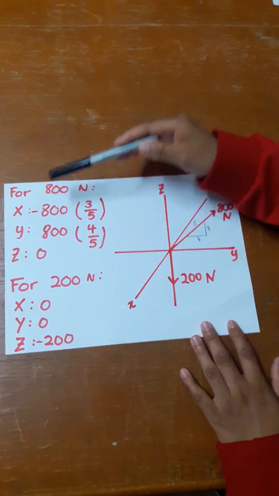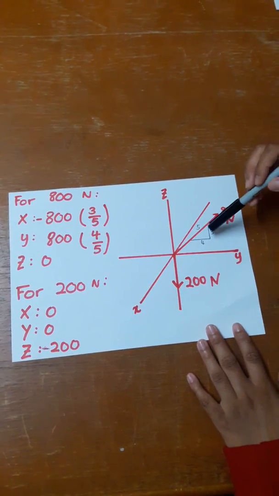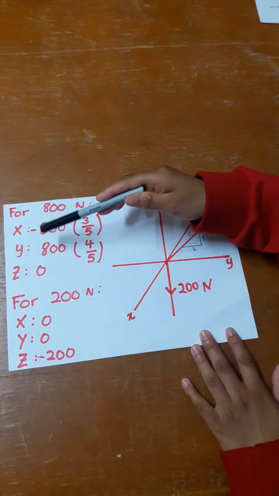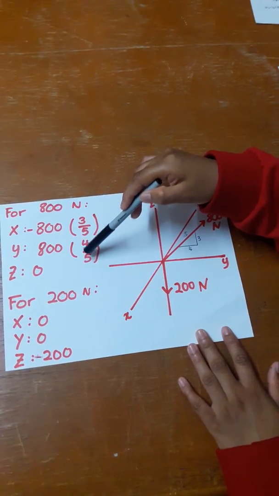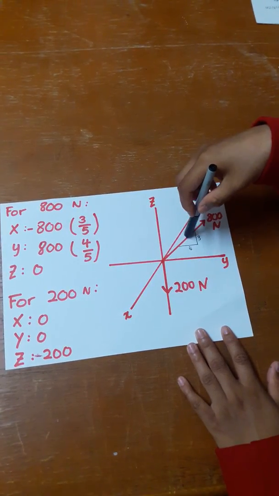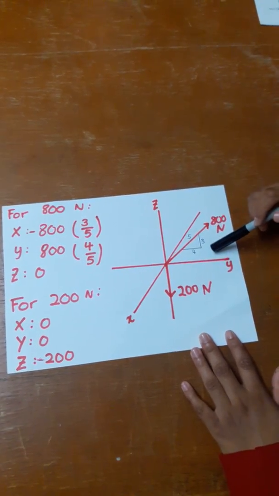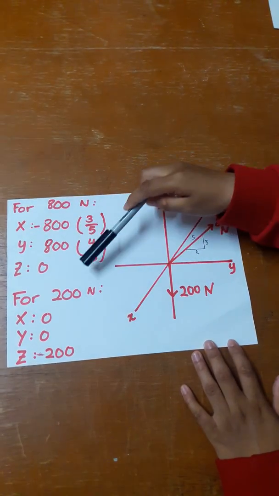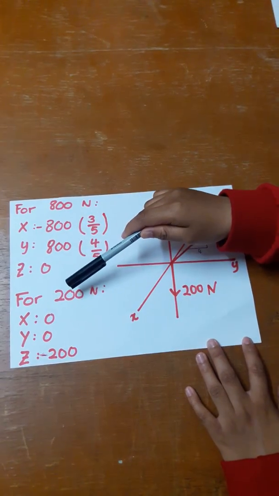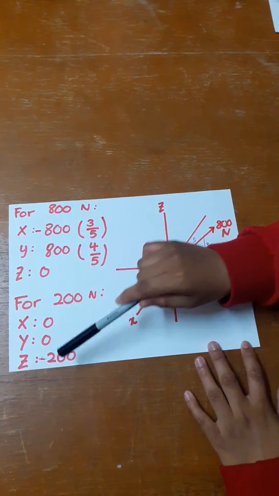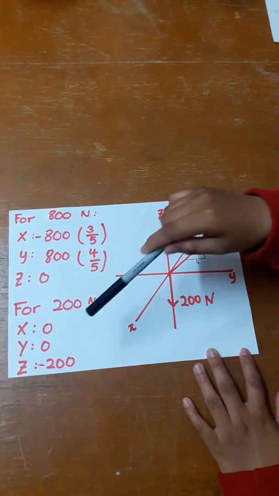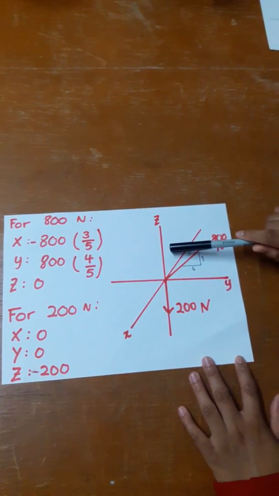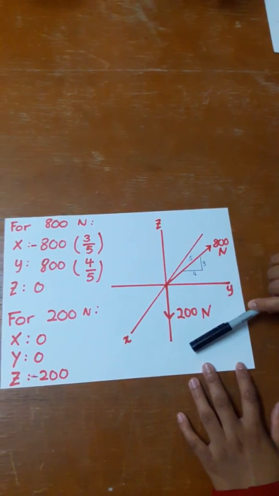Why is it negative? Because the value is opposite to the x-axis. For the Y component, we have 800 times 4/5, as it follows the axis of Y. For the Z component, we have 0. For the 200 Newton force, we have only a Z value, which is negative 200, as it lies in the opposite direction of the Z axis.